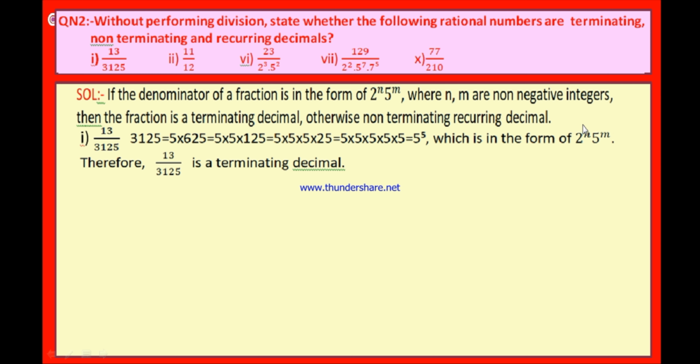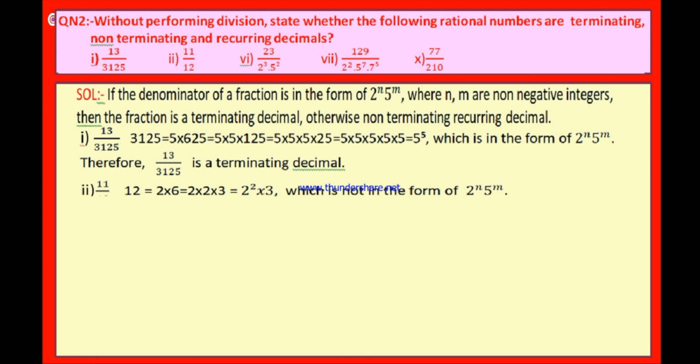Therefore, this is 2 power 0 into 5 power 5. The denominator is in the form of 2 power n into 5 power m. Since it is in that form, the given fraction is a terminating decimal.